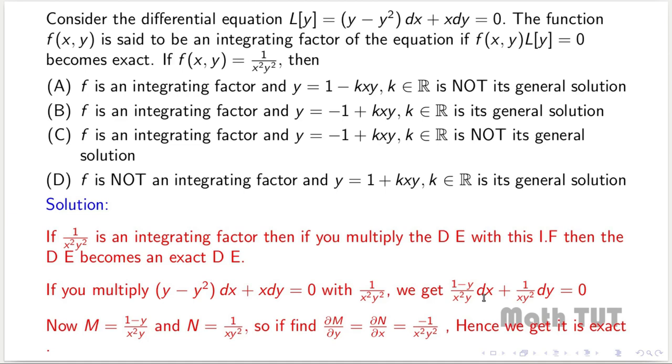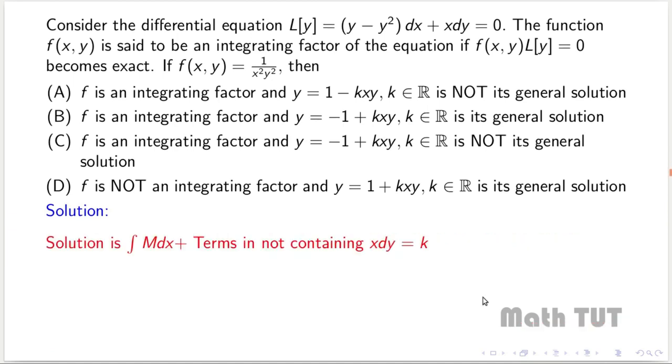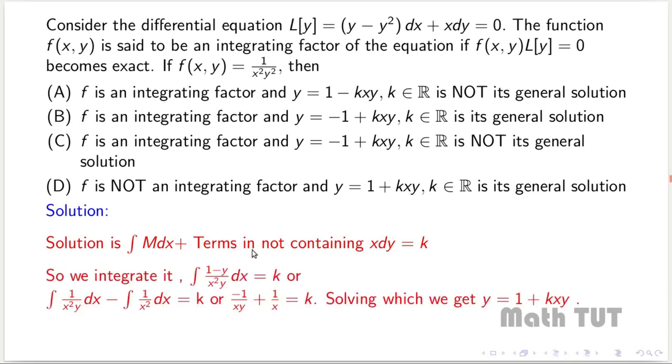Now the solution is given by the integral of M dx, where y is constant, plus terms in N not containing x, dy, equal to k. There is an N here missing, sorry for that. So if you substitute your M, what we get is the integral of (1 minus y) by (x² y) dx, plus there are no terms of this kind, because in N there is only one term and that contains x, so there is no term here.